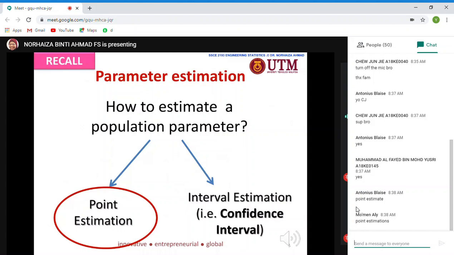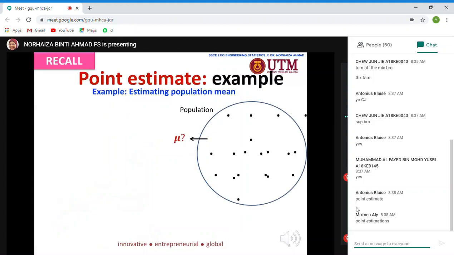Okay, in the last class we looked at point estimation. What is point estimation? Point estimation is when you estimate your population parameter using a point estimate, which is a single value. That single value is used from your sample statistics because it is the best point estimate. For example, let's say you have observations, but maybe you don't have all the observations, so you cannot calculate the average from the population.